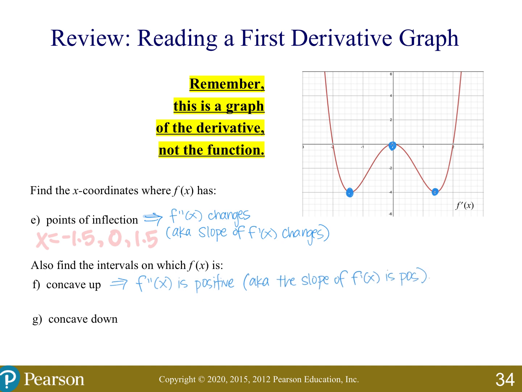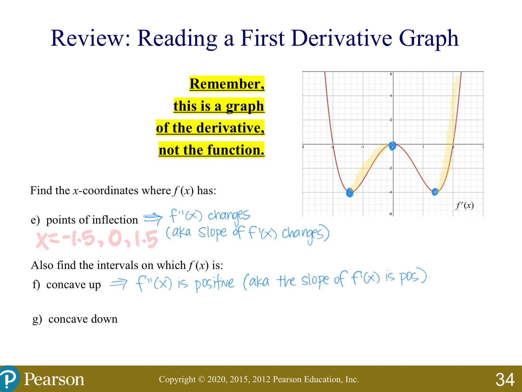So the slope is positive 2 different times. The slope is positive between negative 1.5 and 0. And the slope is positive again.